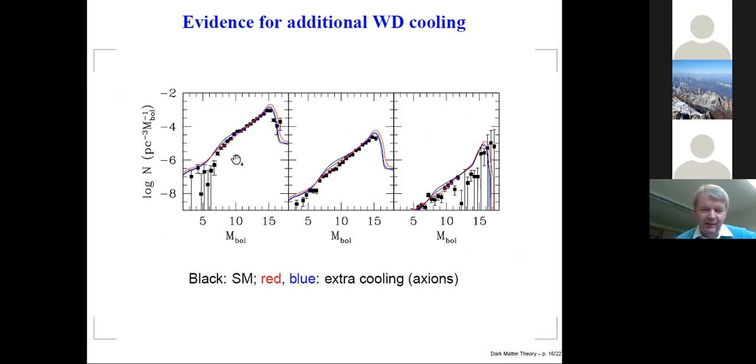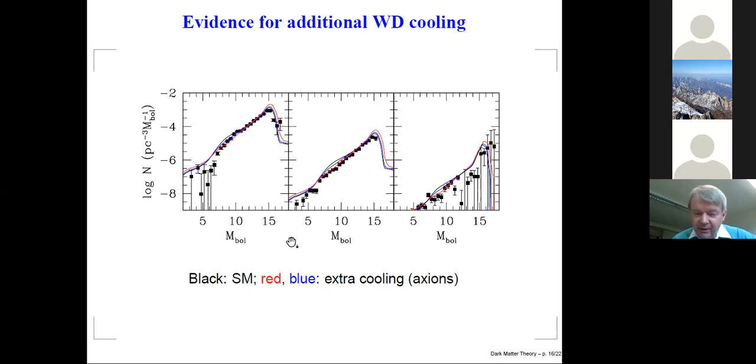So the hottest stars are at this end of the distribution, where, because they cool off relatively quickly, there are not so many of them around, whereas the colder ones are over here. Now this black curve here is what you would predict from stellar modeling, what this distribution should look like with just standard cooling mechanisms. And you see that you overpredict a bit here the abundance of hot white dwarfs. In this plot it is perhaps better to see, in this population.